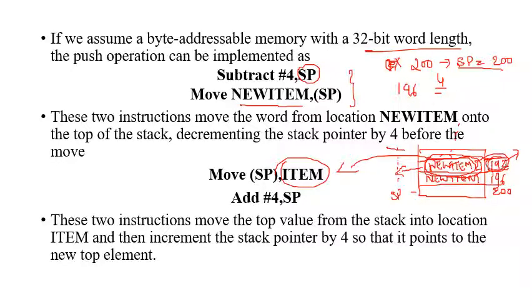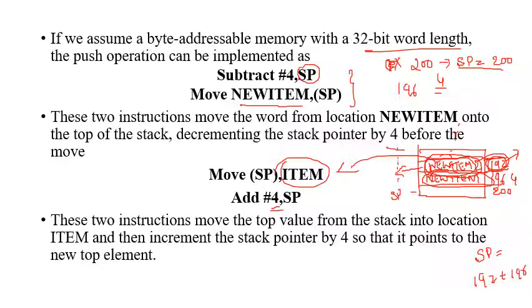So you need to update the stack pointer. Since the address grows in the lower order address, you need to add 4 to the stack pointer. So the stack pointer value becomes 192 plus 4, it points to the next location.